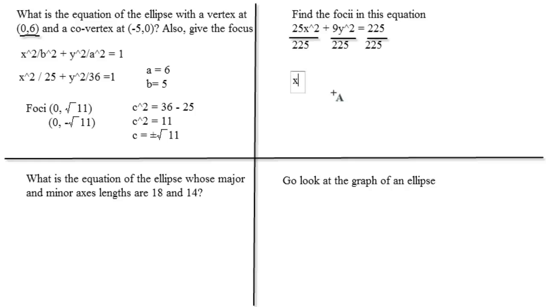So this is going to be x squared over 9, and then this one's going to turn into y squared over 25 equals 1.